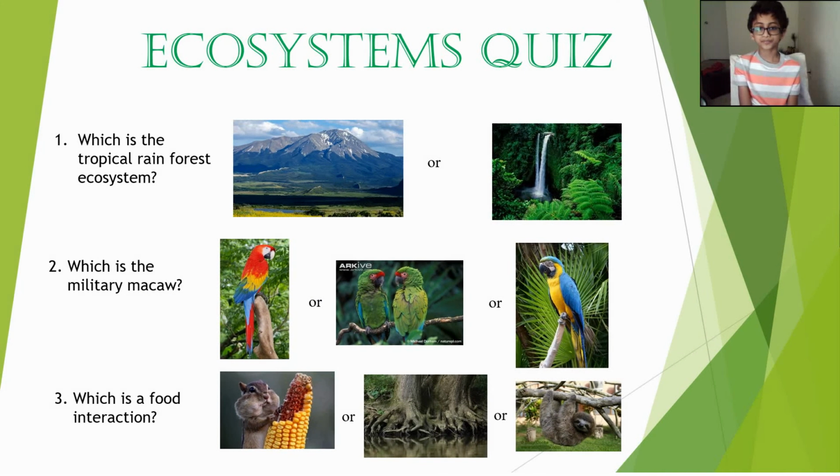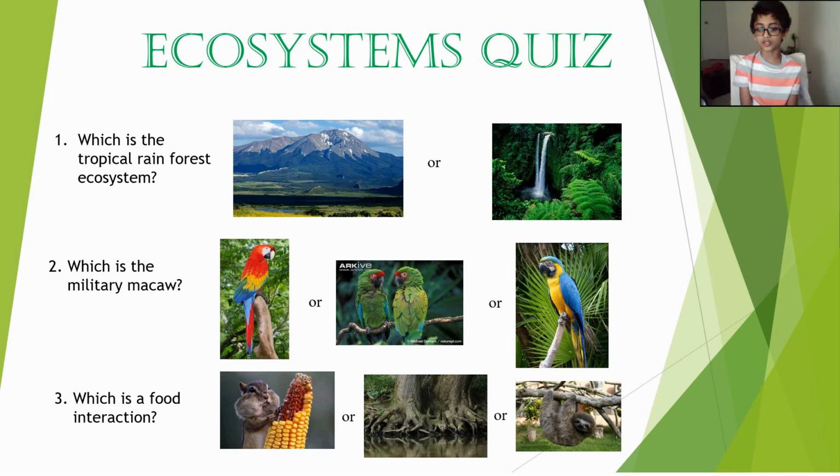And now, here's a little ecosystems quiz. Here are 3 questions, so I'll let you look at it and answer the questions. First question is, which is a tropical rainforest ecosystem? First or second? Second is, which is a military macaw?